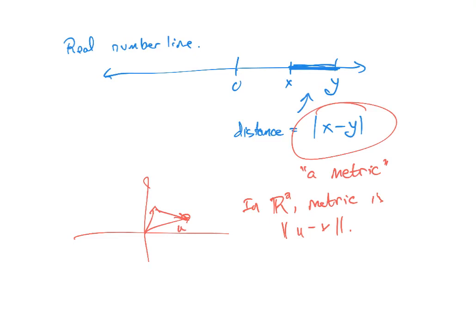So if that's u and v, then this vector is u minus v, and the magnitude of u minus v is the distance between u and v. So in fact, if you do the same thing we just did, you take the norm of a difference. What we've shown is that you can actually turn any norm into a metric.